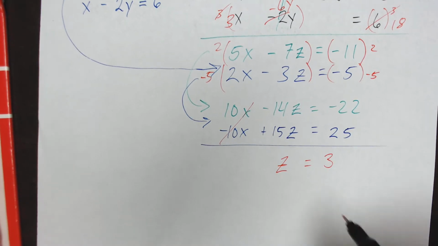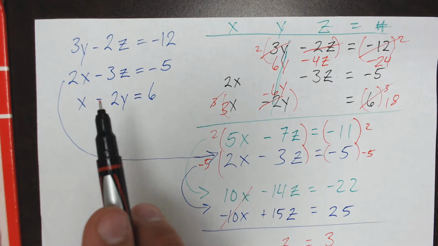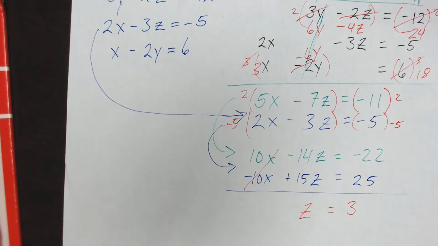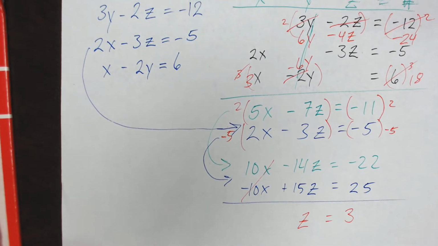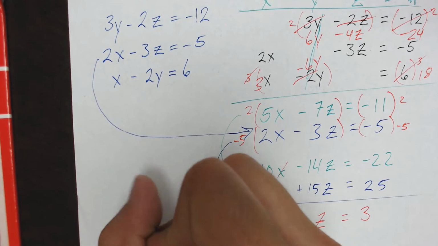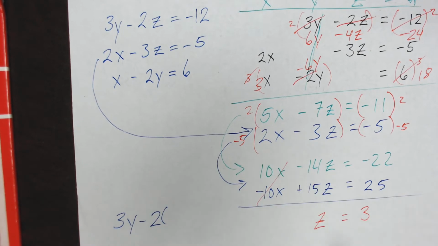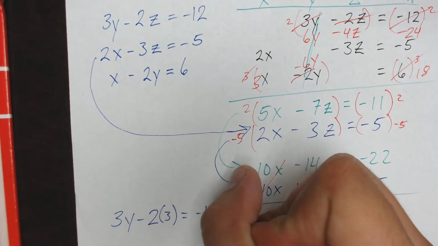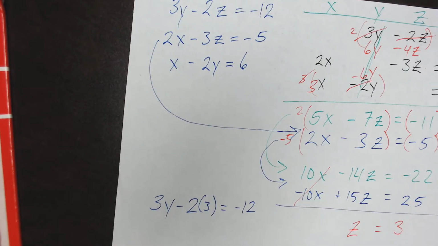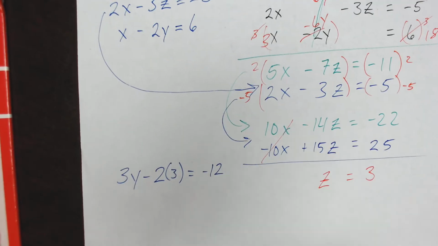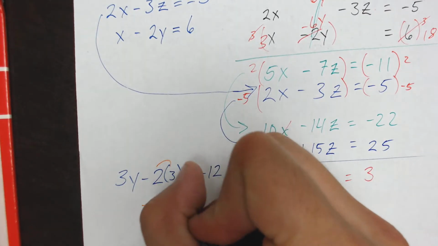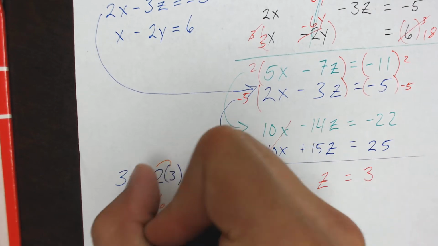Once I know that z is equal to 3, I can take this value and plug it into these equations to start solving. So I'll go ahead and use the top equation. The top equation reads 3y minus 2z equals negative 12. So 3y minus 2 times z, which has a value of 3, equals negative 12. 2 times 3 simplifies, becomes negative 6, so 3y minus 6 equals negative 12.